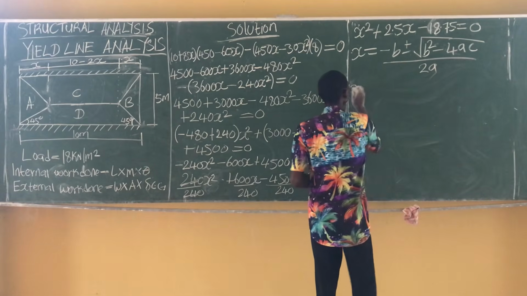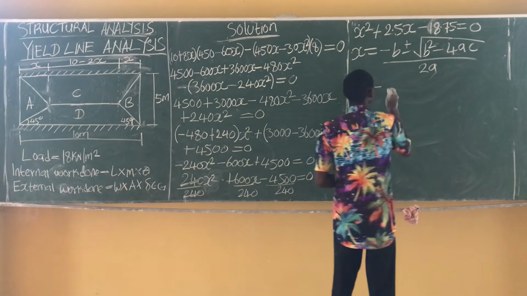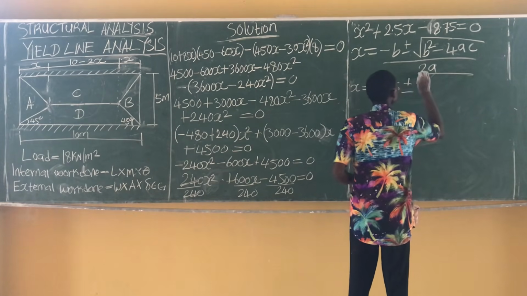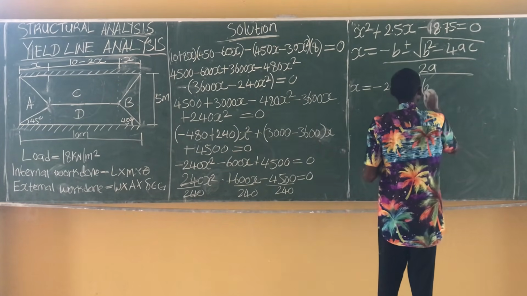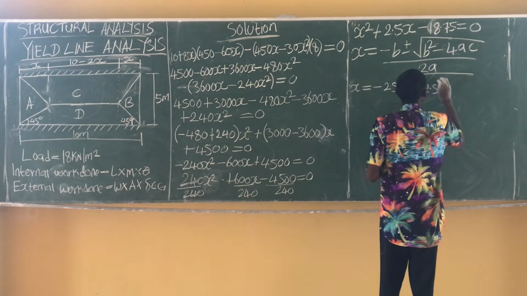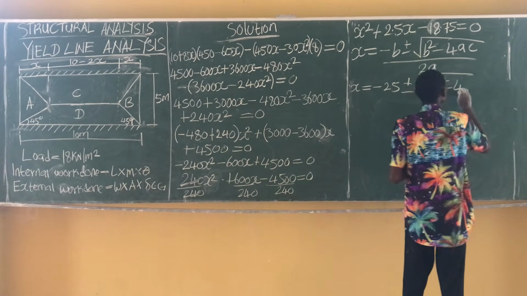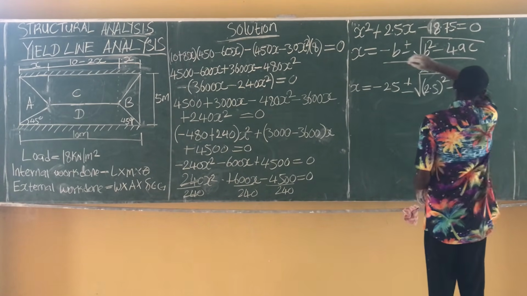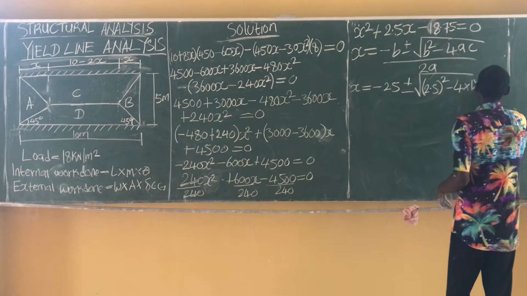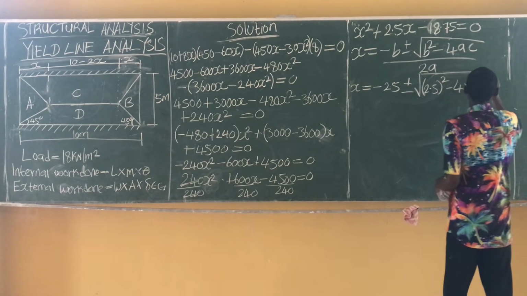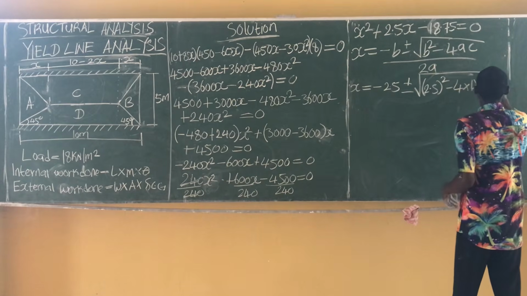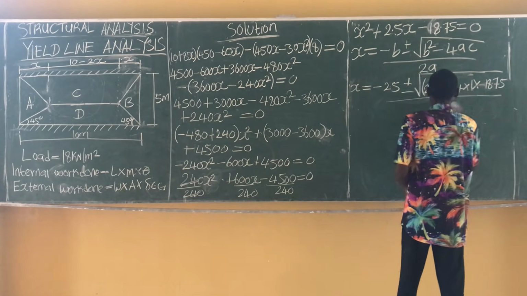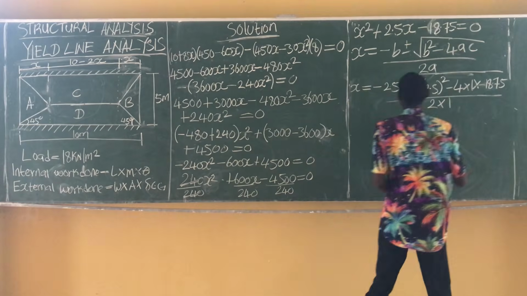So we have x equal to minus 2.5 plus or minus square root of 2.5 squared minus 4 times 1 times minus 18.75, all over 2 times 1.